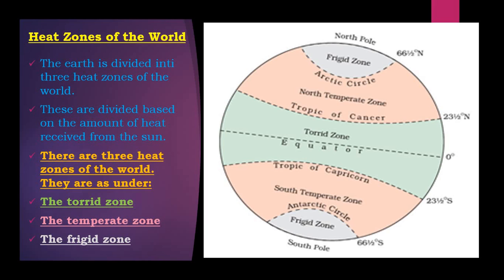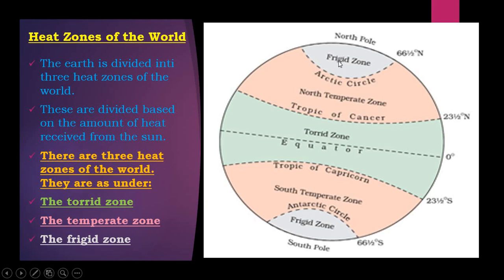Now we'll move on to page number 66, climate or heat zones of the world. So children, you can see the pictures here. The North Pole is up, and if you come down, this is the South Pole.